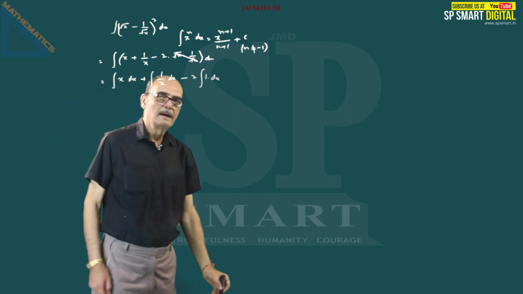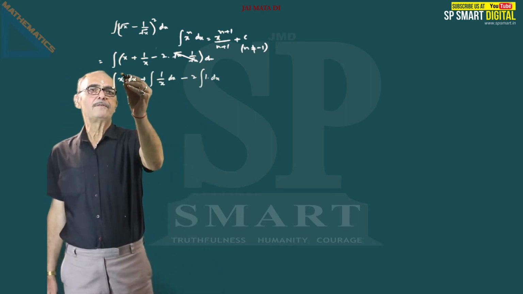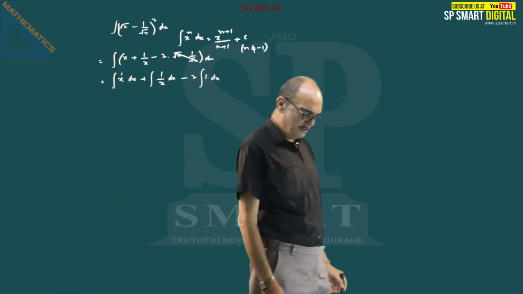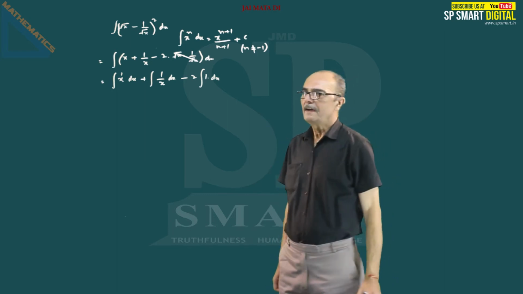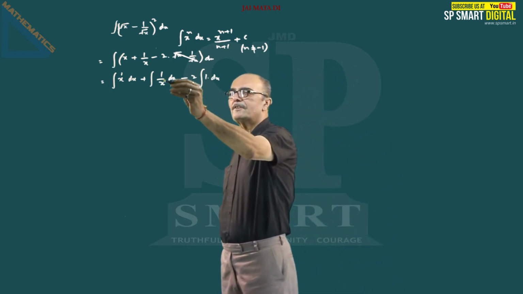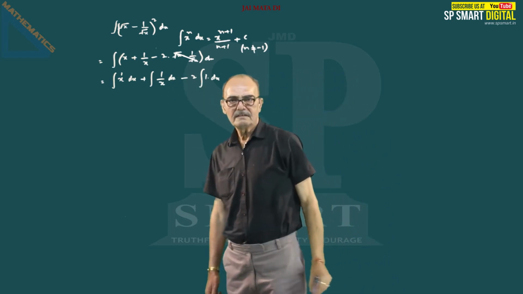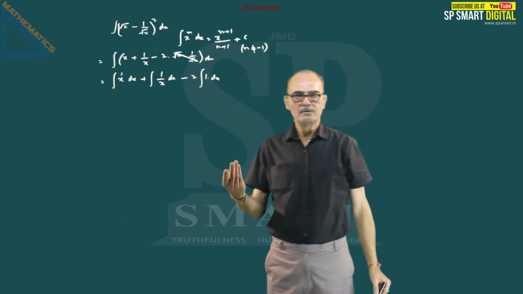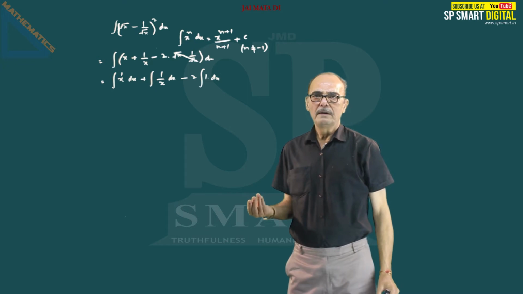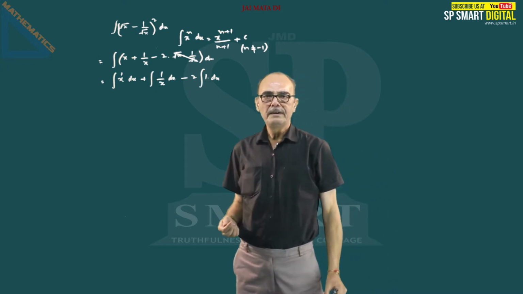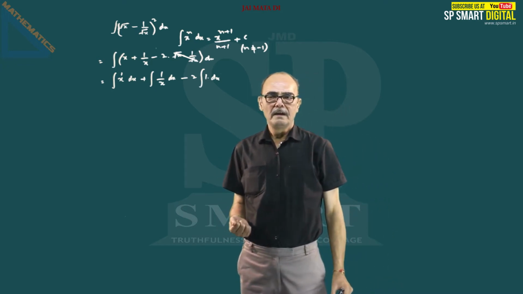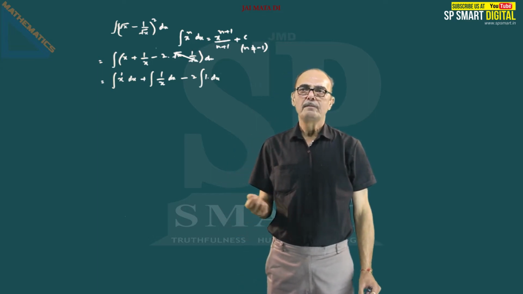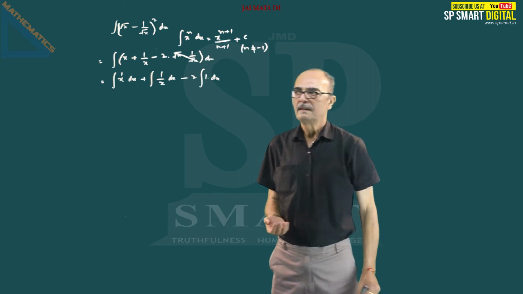Well, here the power of x is 1. Many of you are thinking, okay, can we write it as x raised to power minus 1? Answer is yes. But can we use this formula? Answer is no, because x raised to power minus 1, which is equal to 1 by x, has the formula log of x.